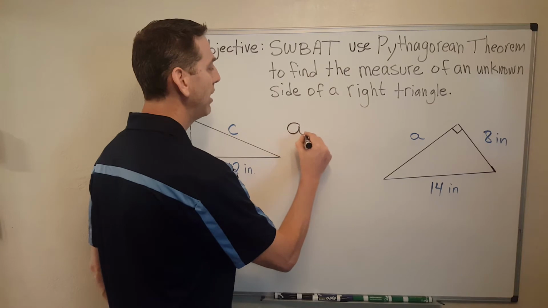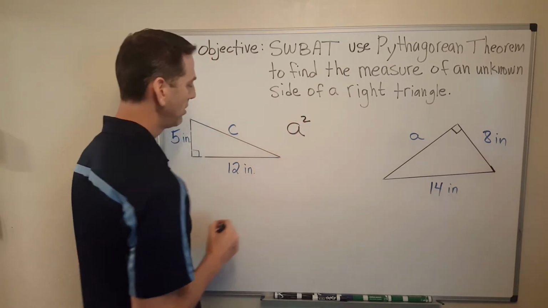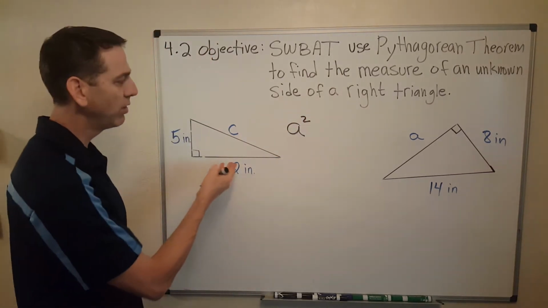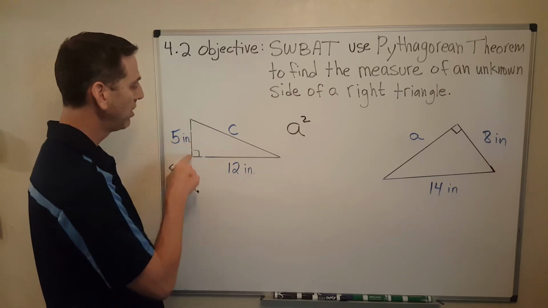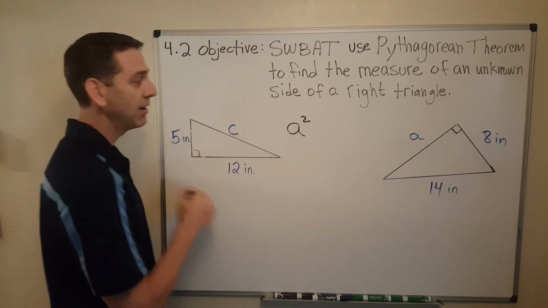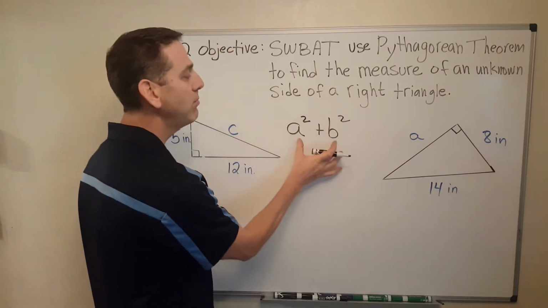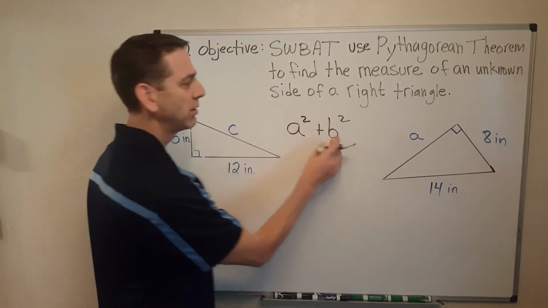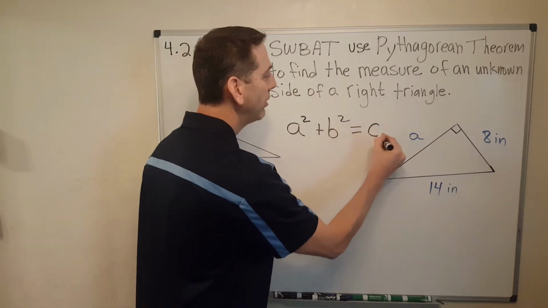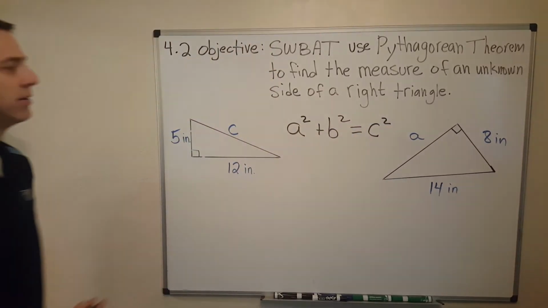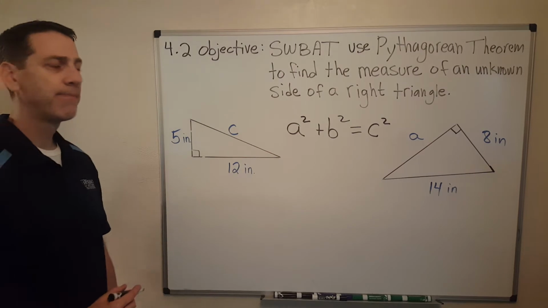Pythagorean theorem is a squared. What do I mean by a? A is just one of the legs. Okay, so we'll call 5 a. A squared plus b squared. So it's the sum of the legs squared equals the hypotenuse squared. Okay?